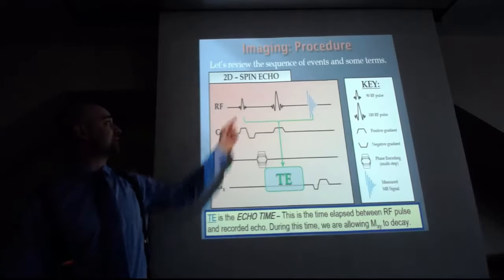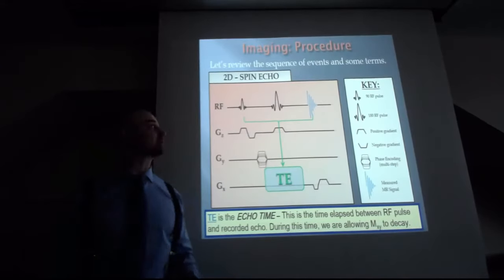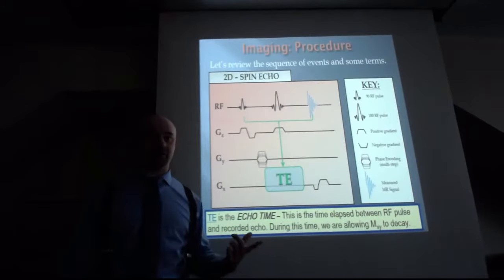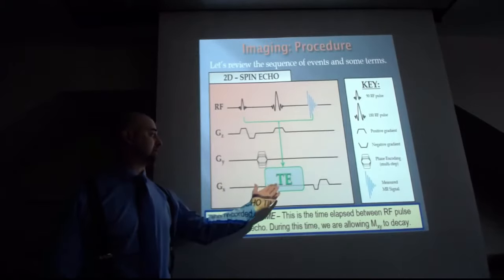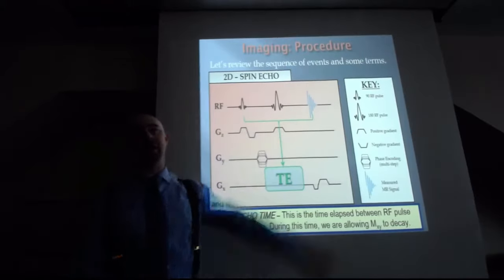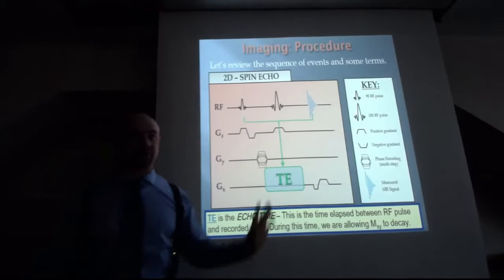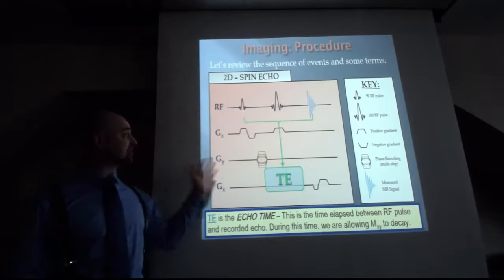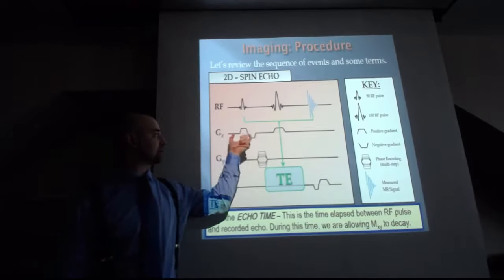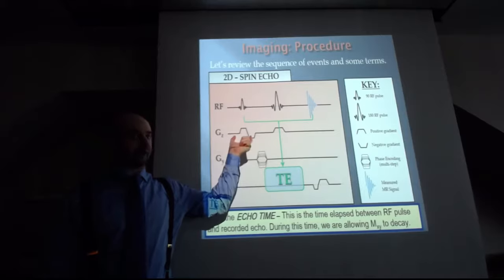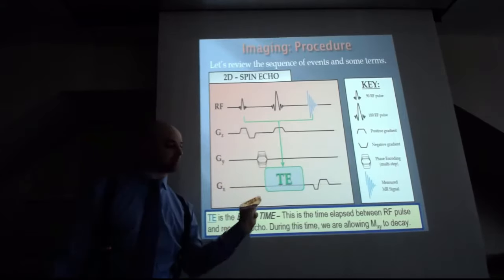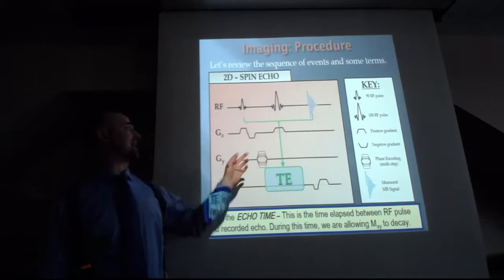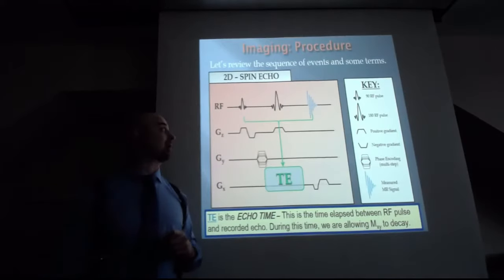So the first thing you see right there is the RF pulse, right? And then the same transmitter coil delivers the 180 inversion pulse at half the TE. And then we get an echo, which I've represented with a separate blue squiggle. So in spin echo imaging, remember we use our slice selective gradient so that we're only exciting this narrow band of frequencies along the z-axis as we apply our 90-degree RF pulse.